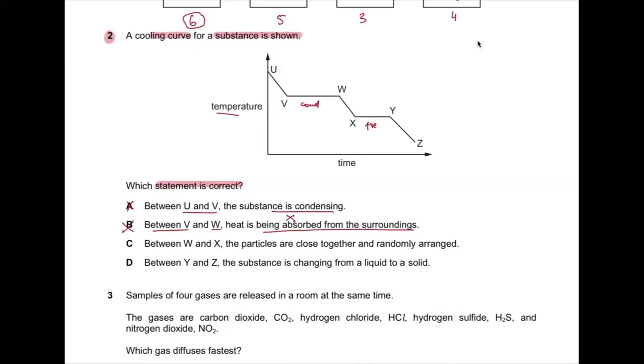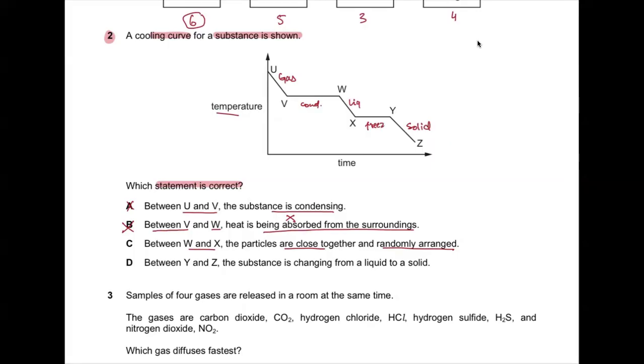Statement C. Between W and X, the particles are closer together and randomly arranged. So yeah, that can be answered if this is condensing. So it means over here we have a gas, and over here we have a liquid, and over here we have a solid, right?